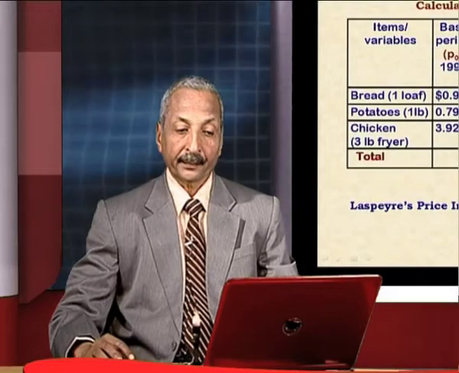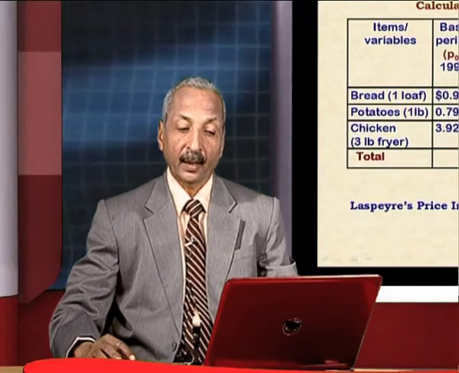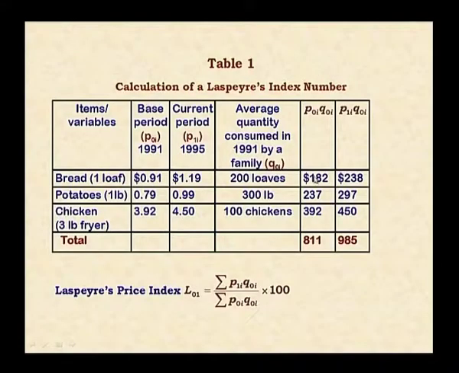And then we find out the product of P0i, Q0i's for each item, and this is how we complete this column, and the total gives me summation P0i times Q0i, and the next column similarly is of the product P1i times Q0i, and the sum of this is sigma P1i times Q0i.